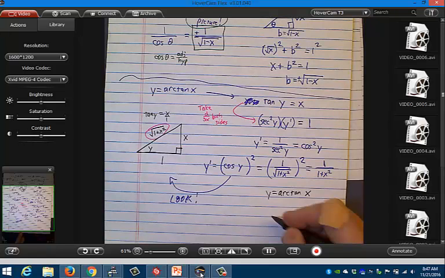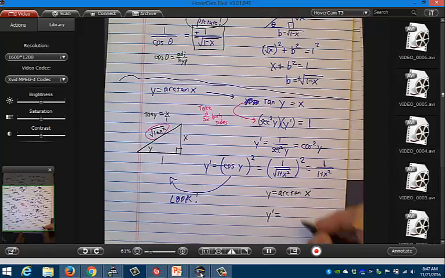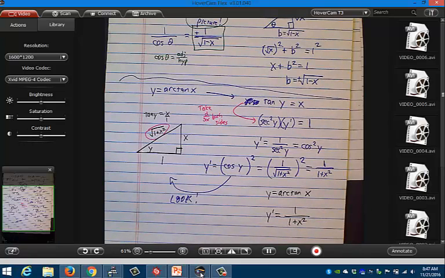You're just going to know y prime is equal to what? Done. 1 over 1 plus x squared. Because we already did it. Now, if you're ever stuck, you know how to work it out. Okay? But I'm telling you that this is an important derivative.